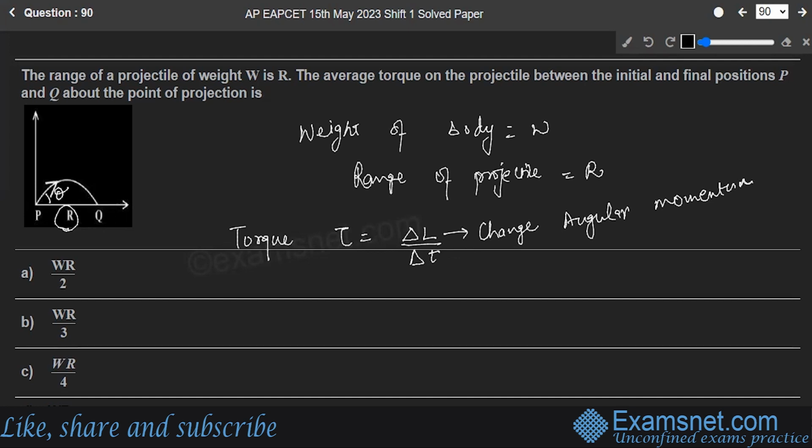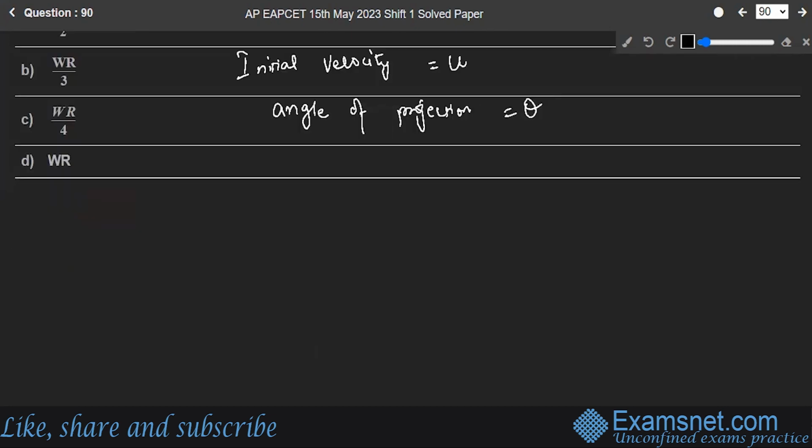So torque is given by this. Let the initial velocity be u, and you have the angle of projection as, let's say, theta. We just assumed that. So delta L will be given by L final minus L initial.